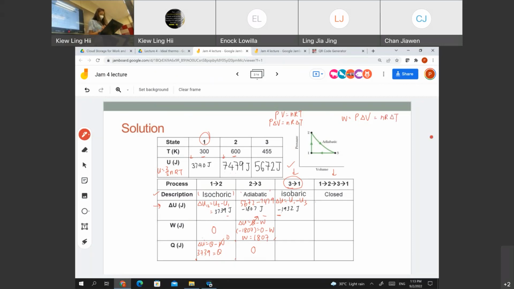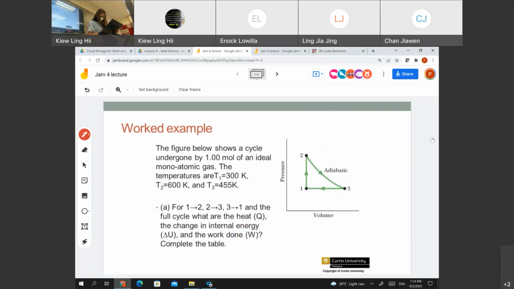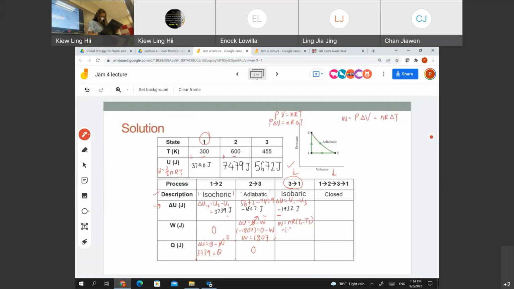Okay, so in this case, pressure is not given, volume is not given, but what is given? The temperature is given. So we can use W equals nR delta T. So in this case, look at the process 3 to 1, so final minus initial, T1 minus T3. The value of your n is 1 mole. R is constant at 8.31.